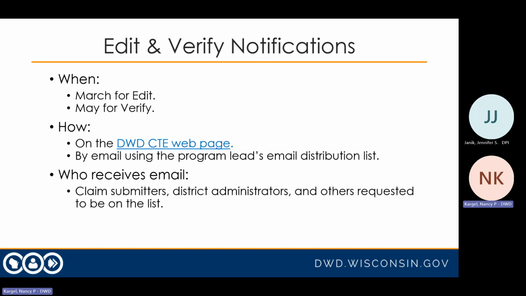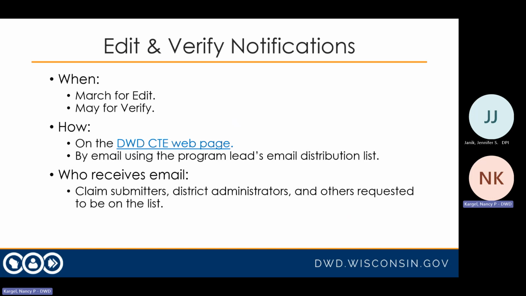Notification of the edit phase is sent in March, and notification of the ability to verify the approval for pay status is sent in May. Notifications of major windows and deadlines are posted on the DWD CTE webpage and are sent to school and district staff members who are included on the program lead's email distribution list.